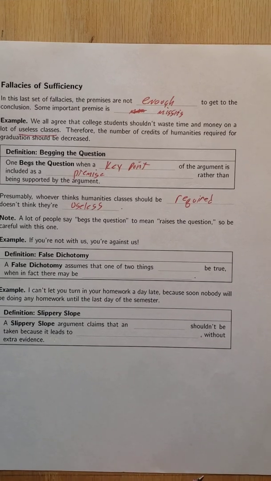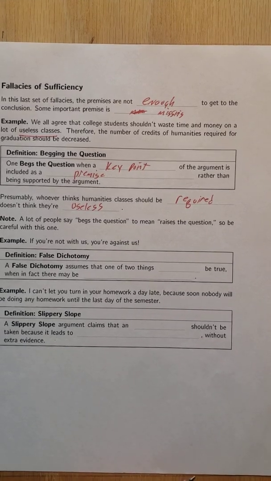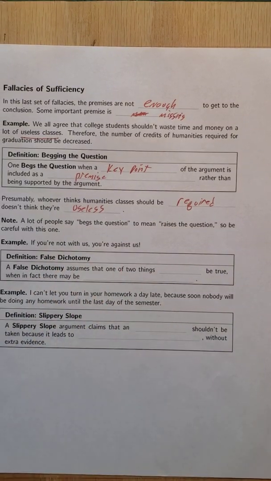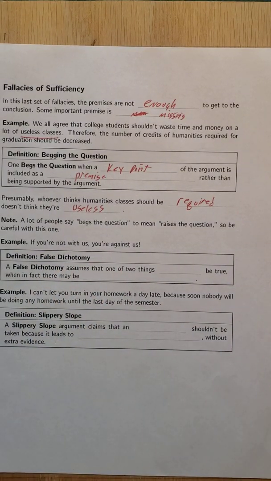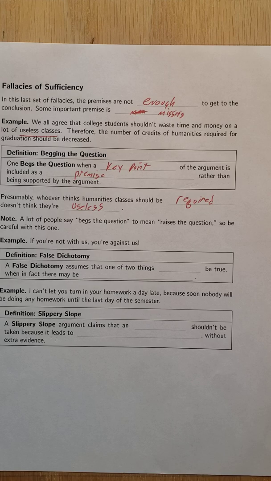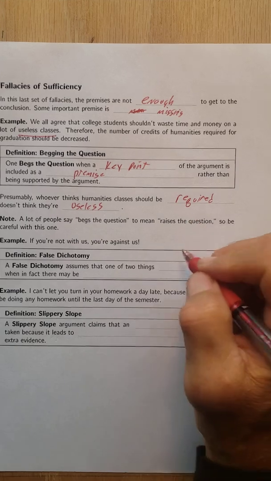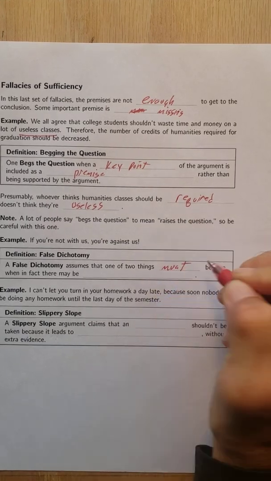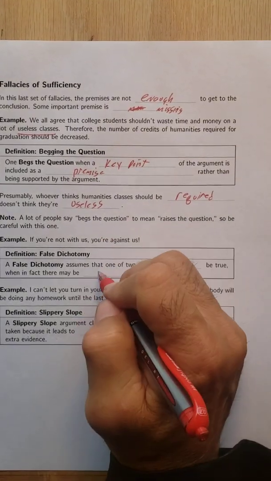Okay? All right. If you're not with us, you're against us. Okay? So false dichotomy is a fallacy of sufficiency. A false dichotomy assumes that one of the two things must be true, when the fact is there may be other options.